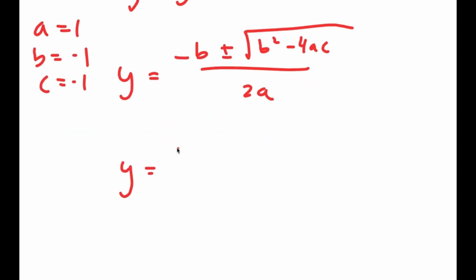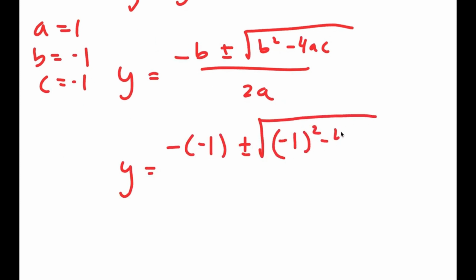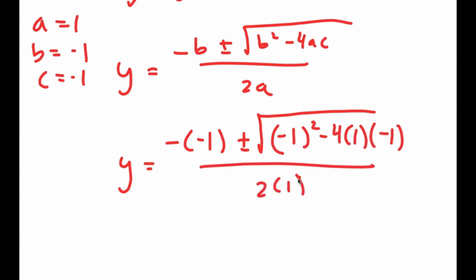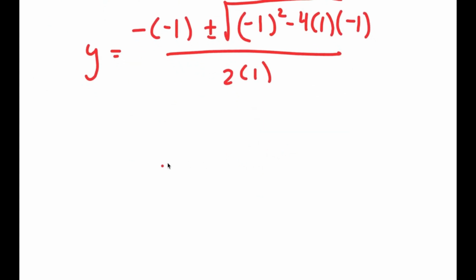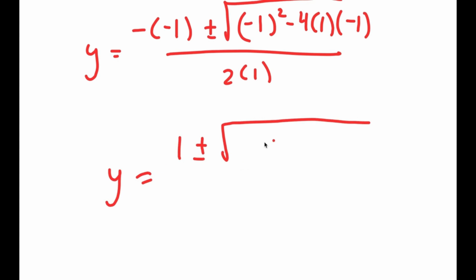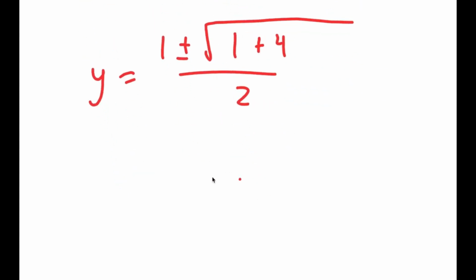So I get y equals negative of negative 1 plus or minus the square root of negative 1 squared minus 4 times 1 times negative 1 all over 2 times 1. And now this is equal to 1 plus or minus the square root of 1 plus 4 over 2, which is equal to 1 plus or minus the square root of 5 over 2.